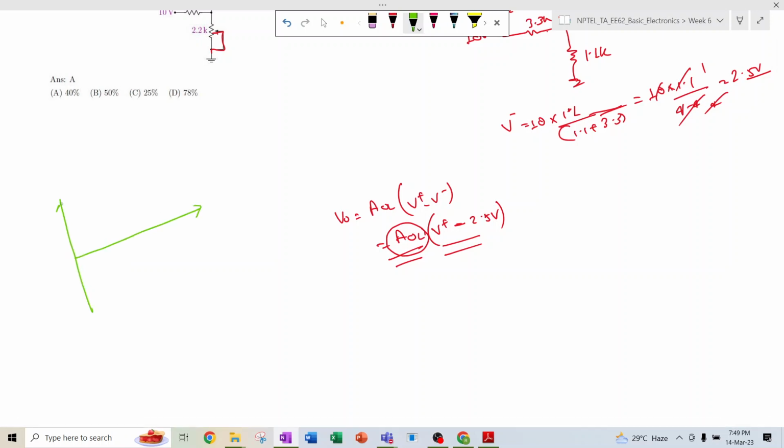Earlier it was minus 12 to plus 12 for V plus. Now V plus minus 2.5 volt will be minus 14.5 to 9.5. Okay.